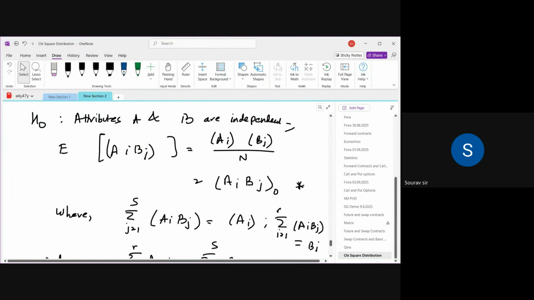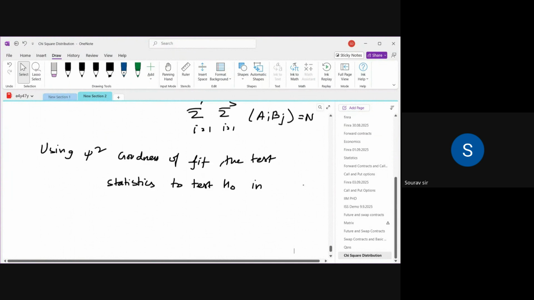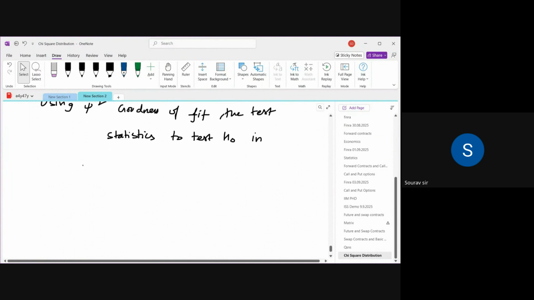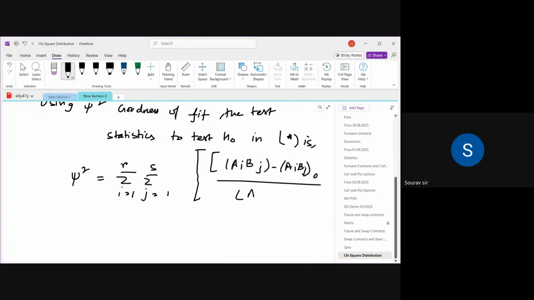So here we write it as the summation of i is 1 to R, summation of j is 1 to S, AiBj minus AiBj0 by AiBj0, whole squared.